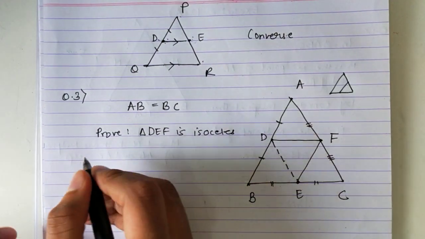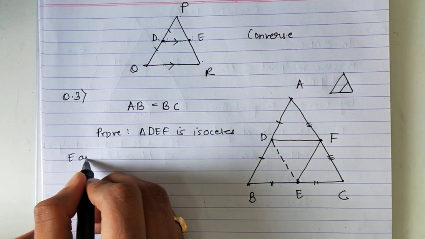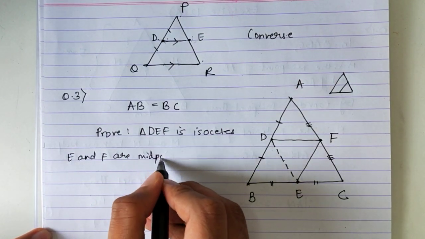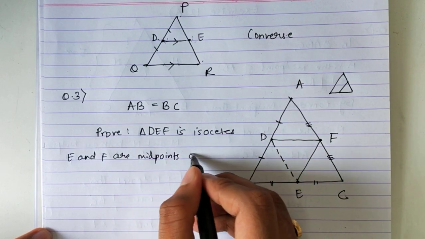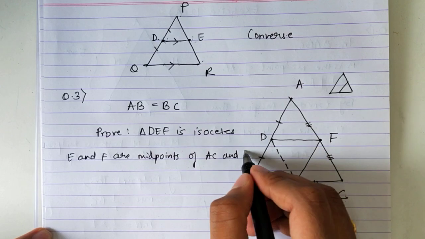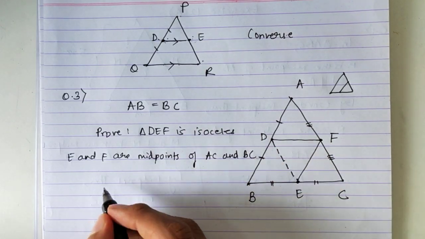Statements are important. So E and F are midpoints of AC and BC.